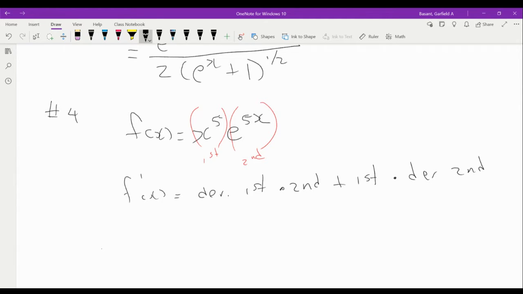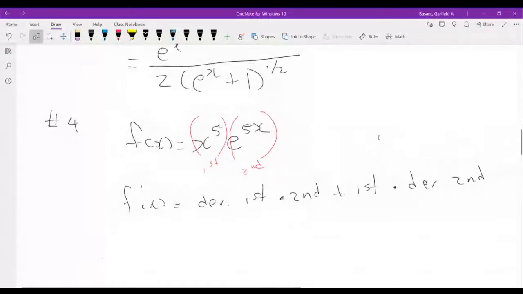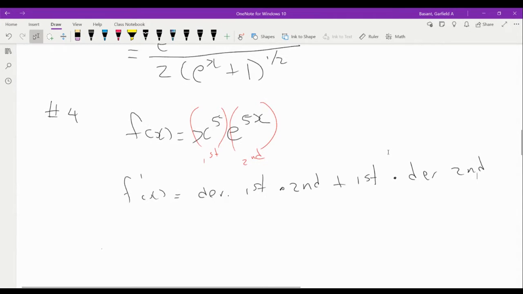Right, that's the product rule. So you have to recognize the operation. If it was addition or subtraction, then what you got, Jenny, would have been correct. But this is a product rule problem.